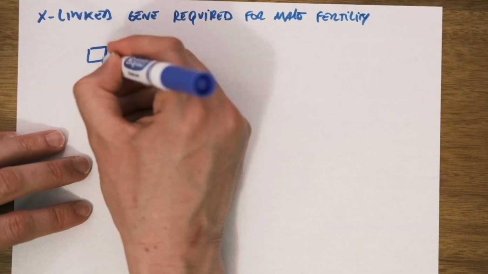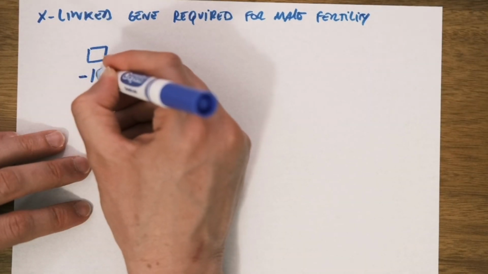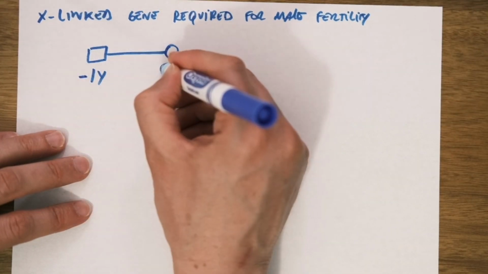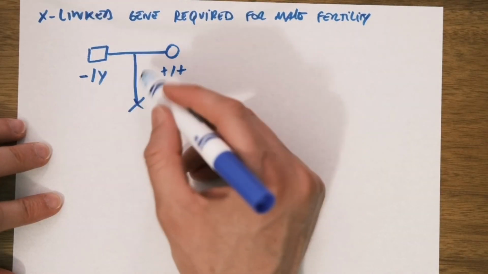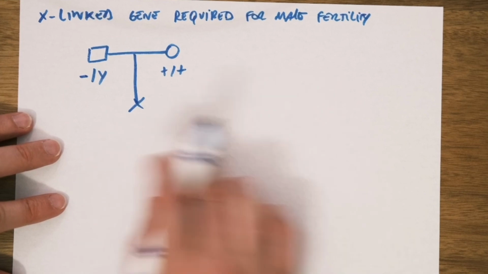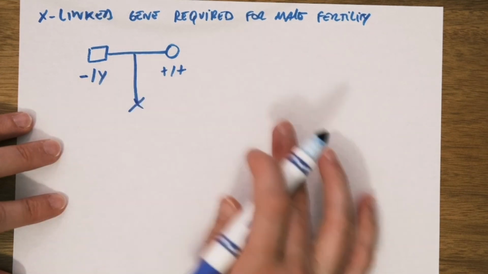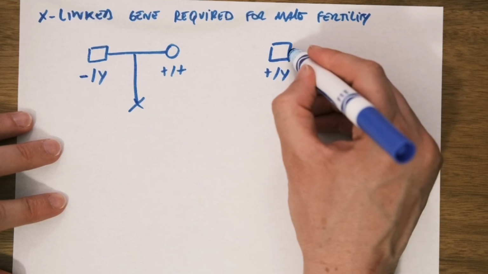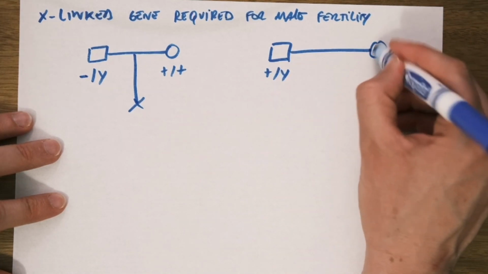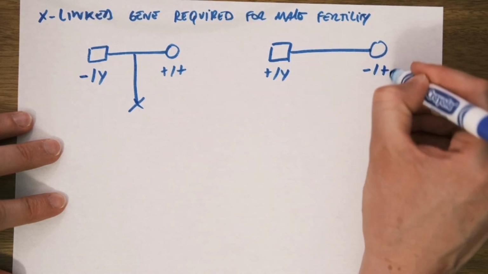If you have the null allele in the male and you cross it with whatever female, by definition this mating will not work. So you will have to transmit the allele always through the female. The male will be plus on the X and Y chromosomes and the female will have the null allele.